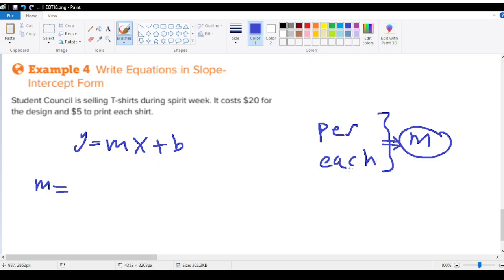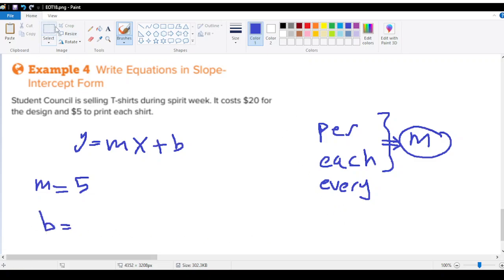I'm going to repeat, Shamsa. If you read these words per or each or every, these words mean m. So $5 is equal to the slope, which is 5. So m equals 5. How about the y-intercept?